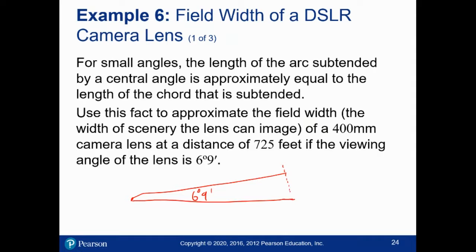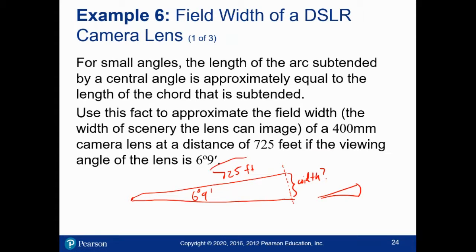The distance to the target is 725 feet. That's essentially the radius of the circle. What we want to know is what is the width of the field we can view. And notice that that's now a chord. It's a straight line that connects those 2 points. But we are going to approximate that chord with this arc length.